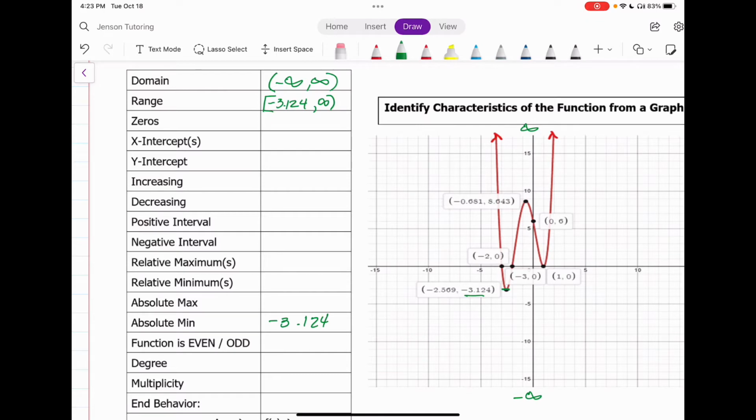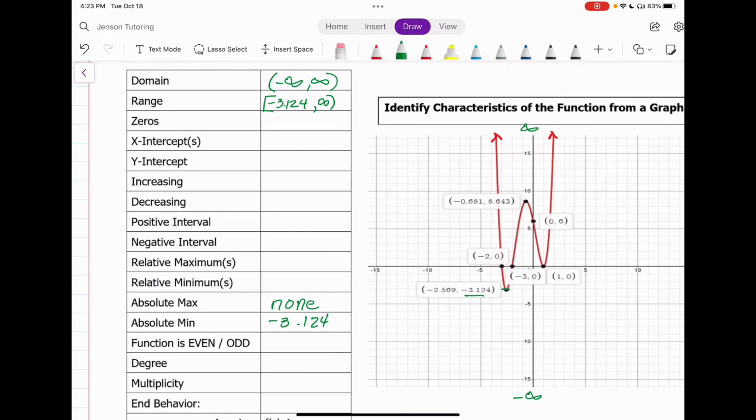And then since the graph continues forever in the positive direction, there's no absolute maximum. All right, so the range and your absolute max or min will always be related. And then remember, for the absolute values, we usually just give the y value, not the coordinate point. Now, if you gave the coordinate point for your answer, your teacher might not take off for that, but usually we just give the y value.